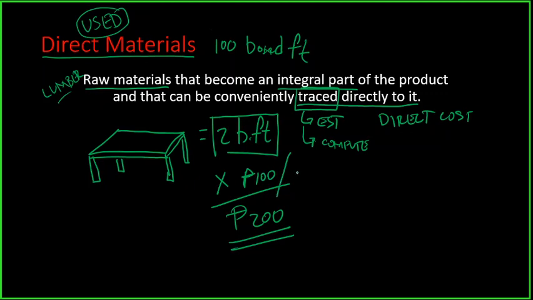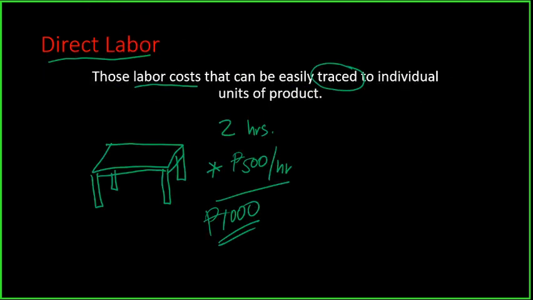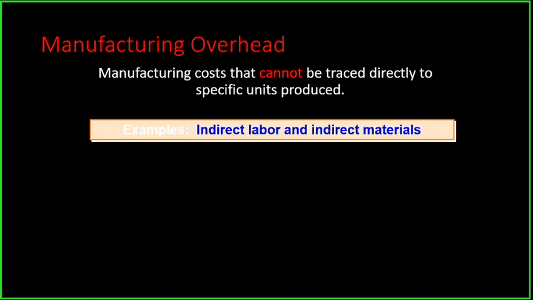That's 100 per board feet. This is 500 pesos per hour. So that's the meaning of it can be easily traced. A traceable cost can be estimated. So, a traceable cost is the same as direct cost. Examples of direct cost or traceable cost are your direct labor and direct materials.